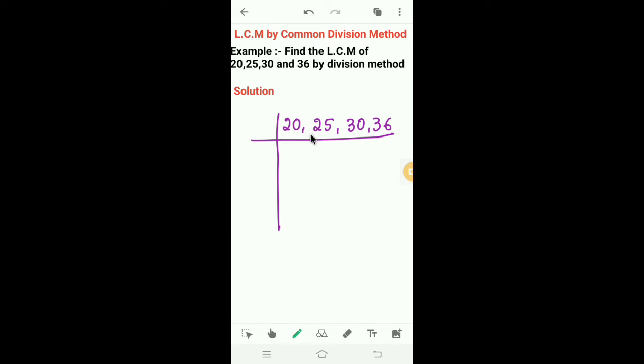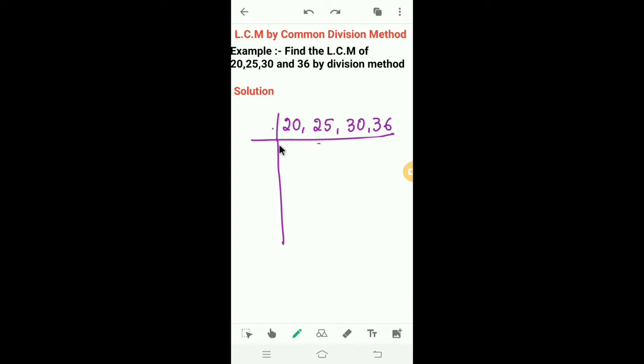In this method, we start by dividing at least one of the given numbers by the smallest prime number. Next, we have to choose the smallest prime number that divides any one of the given numbers.